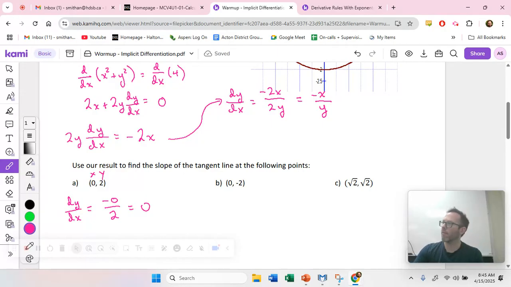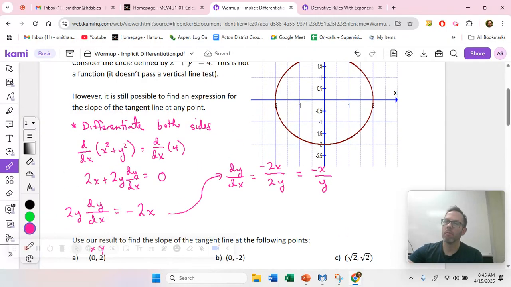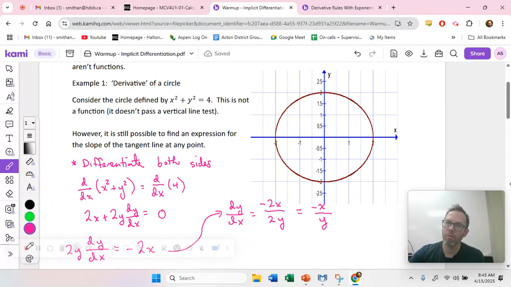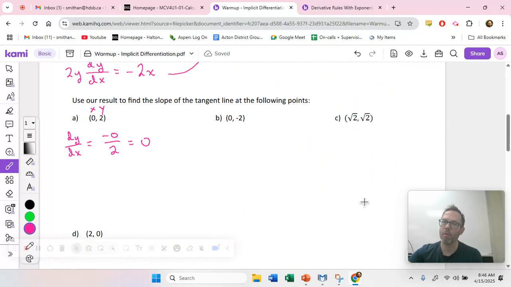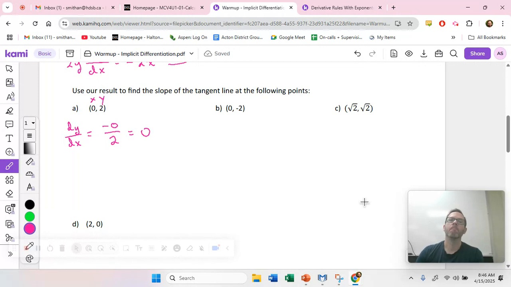Now, does this make sense? Go to your unit circle, the circle given here, radius of 2. At that point, 0, 2, is the slope of the tangent line 0? So here's 0, 2. Would you guys agree the slope of the tangent line is 0? It fits, right? Try it for those other 3 points and see if we get results that make sense with the diagram.